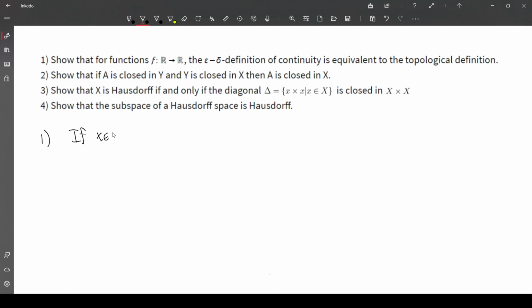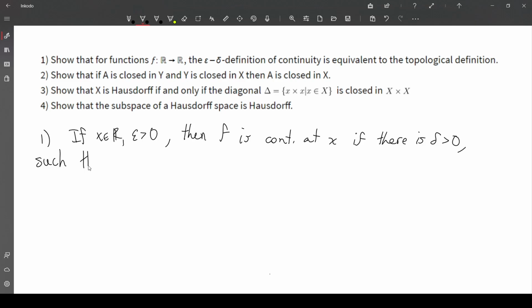if x is in R and epsilon is greater than 0, then f is continuous at x if, given any epsilon greater than 0, there's some corresponding delta value such that the absolute value of x minus y being less than delta implies that the absolute value of f of x minus f of y is less than epsilon.